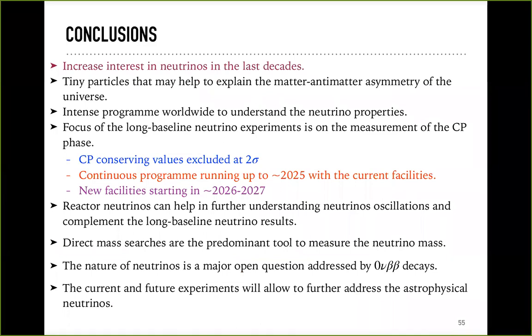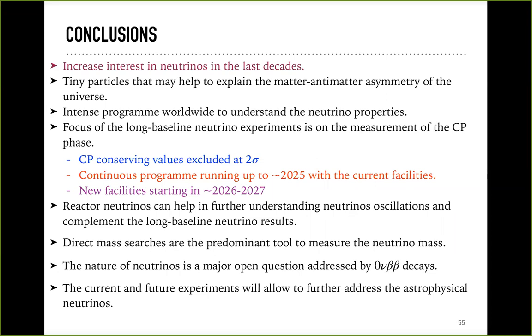Yeah, so the main highlight was the results from T2K, with the CP violation. The other results were indicating there is an intense program worldwide to understand the neutrino properties, to understand again CP violation and the mixing matrices, as well as parameters of the mixing matrix can be determined, as well as delta m squared, the reactor neutrinos. DUNE in particular is able to address the delta m squared, as well as direct mass searches.